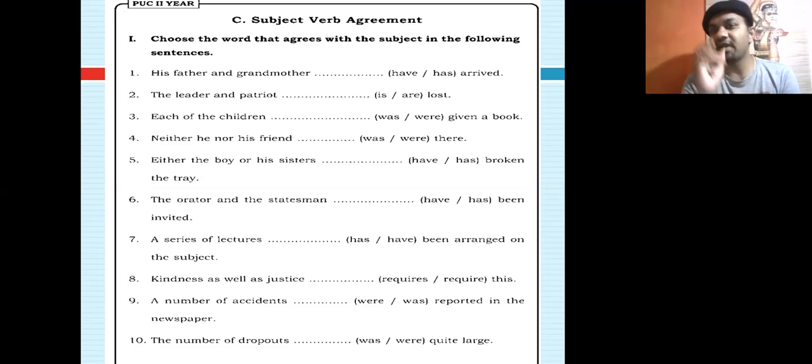The number of accidents is increasing. So I hope you got the difference. The number of dropouts was quite large. So these are the rules that we may need to remember in order to make a correct subject-verb agreement.